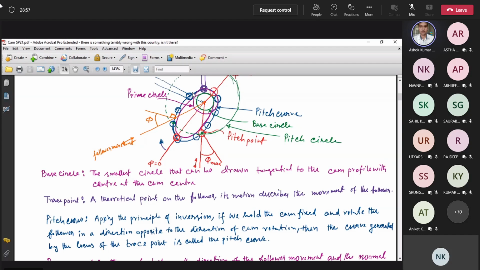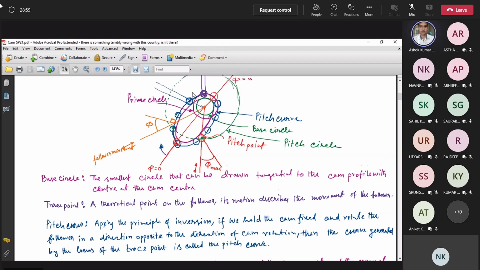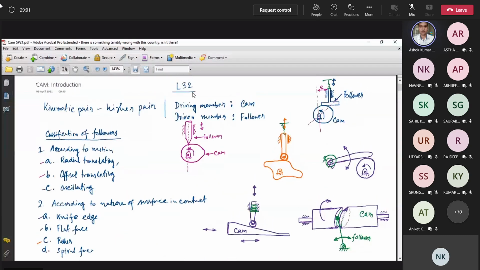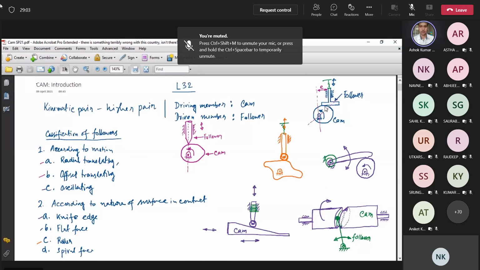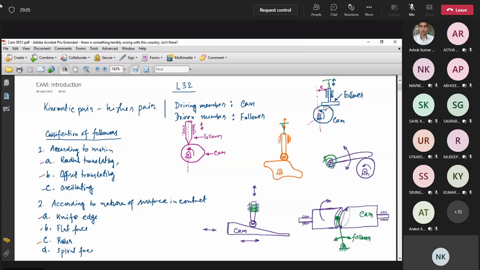For the flat face follower, what is the trace point? It is in contact here at this point, but as the cam is rotating, the contact point will move. So the trace point is not a fixed point here.